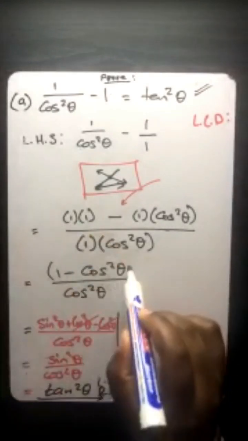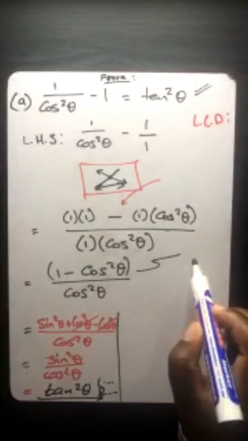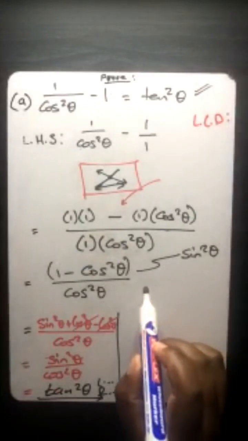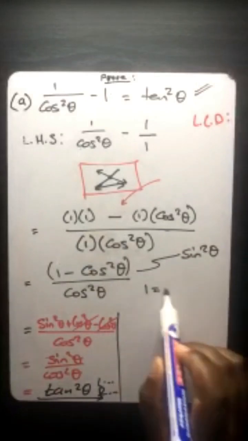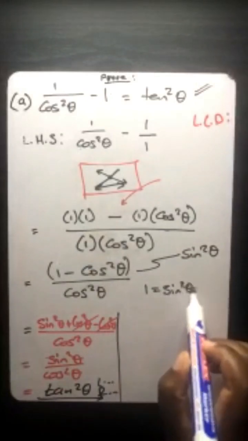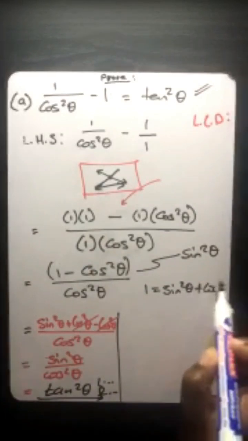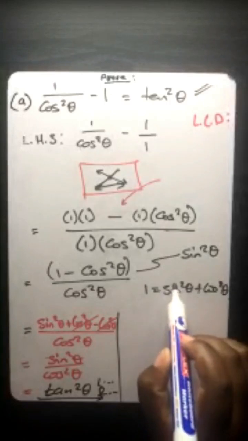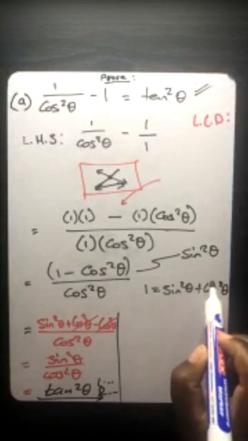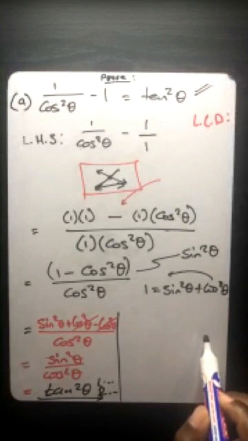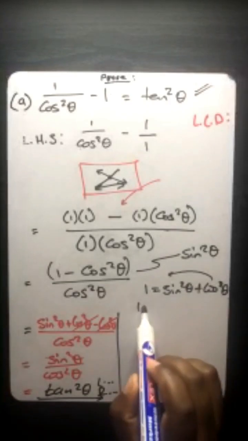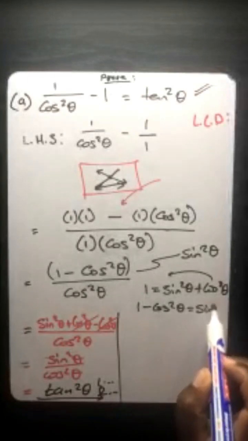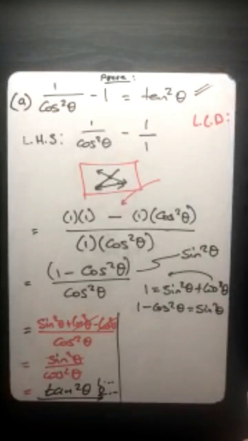Otherwise, someone would have said, actually, the whole of this is the same as sine squared theta. How do you know? It's because the formula says 1 equals sine squared theta plus cos squared theta. That means if you take cos squared to the other side, you transpose, you're having 1 minus cos squared angle, so that means this is equal to sine squared angle.